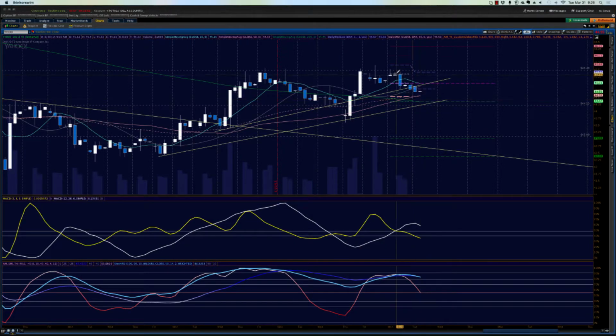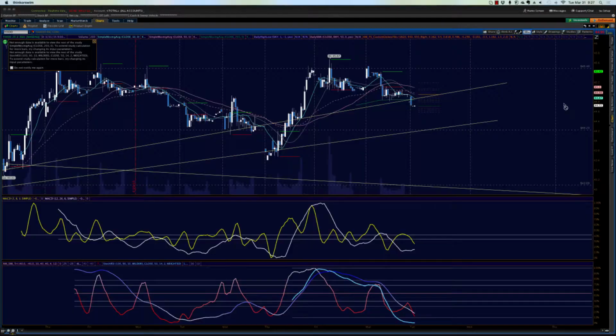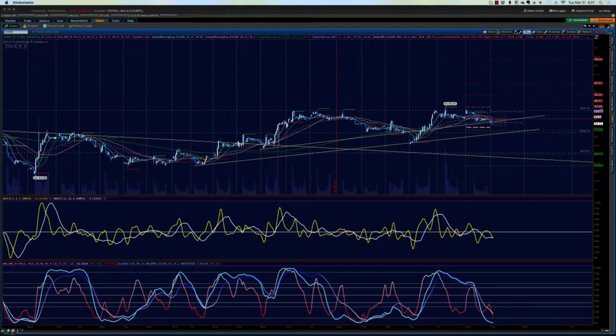Here's the thing. If you watch it come into the 44.50, you can take that bounce. And then what you can do is allow it to punch up into resistance. If it cannot hold, you get out of dodge. But fairly interesting trading setup here.